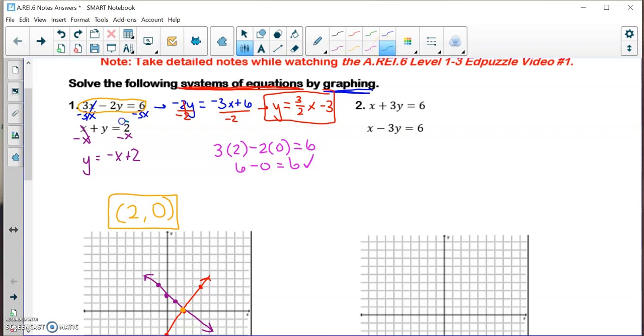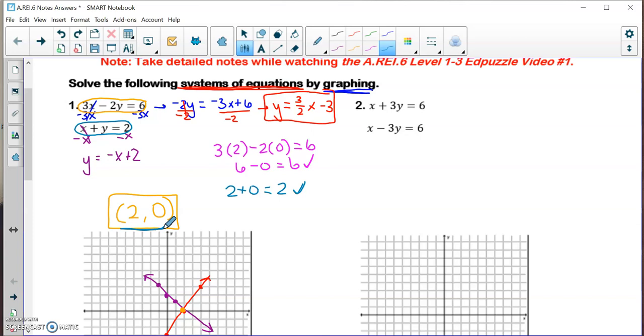And in my bottom equation, if I put 2 in for x and 0 in for y, I also wind up with a true statement because 2 plus 0 does equal 2. So this point satisfies both equations. That is how we know that it is the true solution to this system.